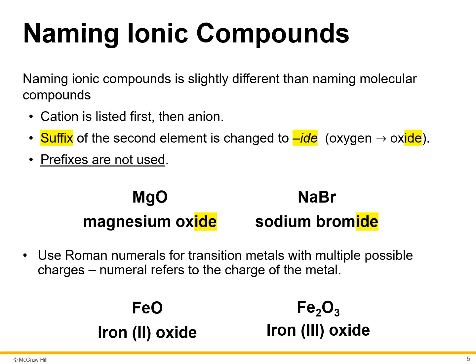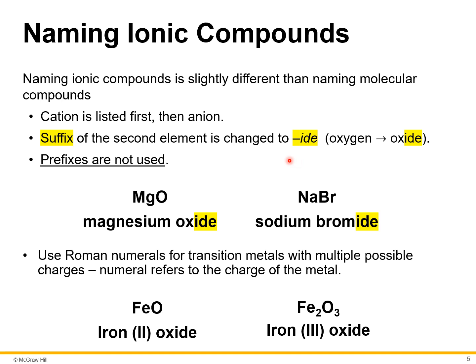If you remember, for naming covalent compounds, which are two nonmetals coming together, we use the prefixes mono, di, tri, tetra, penta, hexa, hepta, octa, nona, and deca. But for ionic compounds, we don't use prefixes such as mono, di, etc. But we do change the ending of the second element.